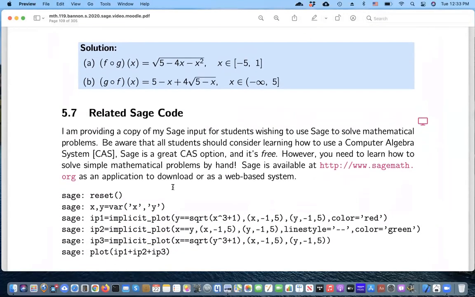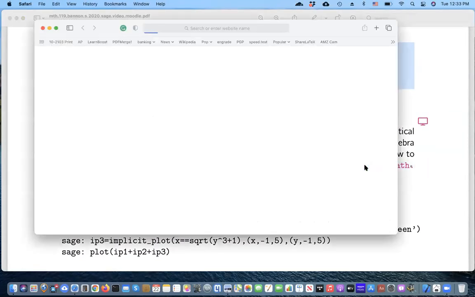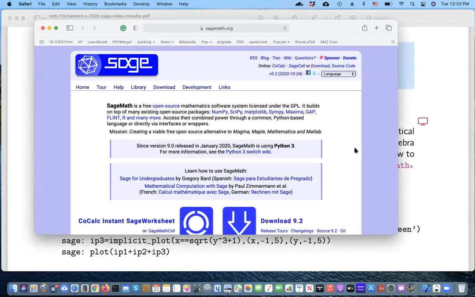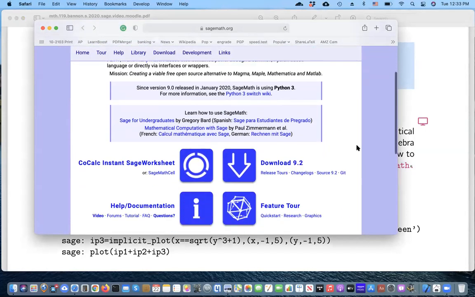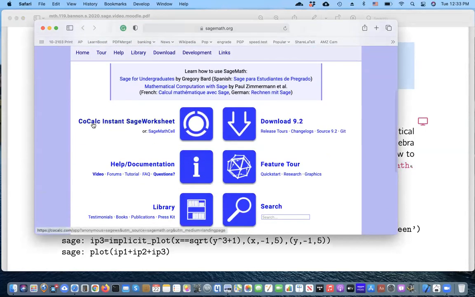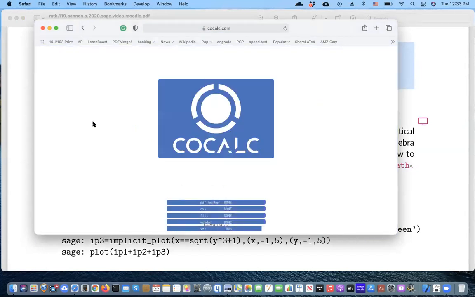All right, related SAGE code section. I want to click on this over here. A web browser will open if your computers are properly configured. You will be able to launch what's called CoCalc, which is an online version of SAGE. No need to install software.